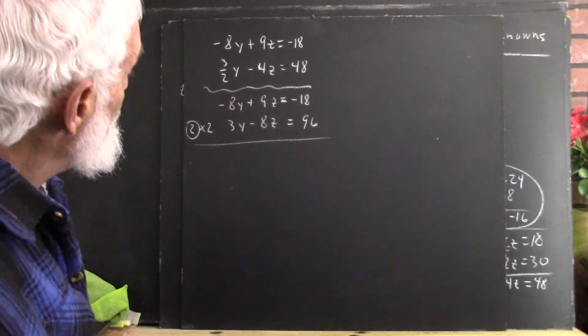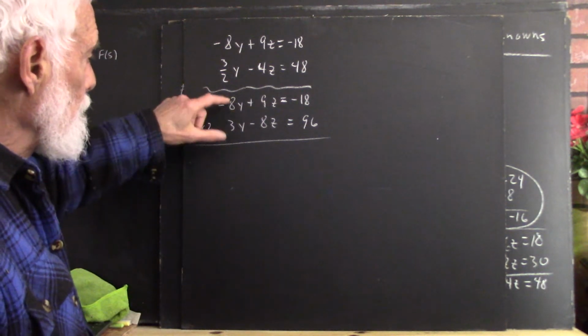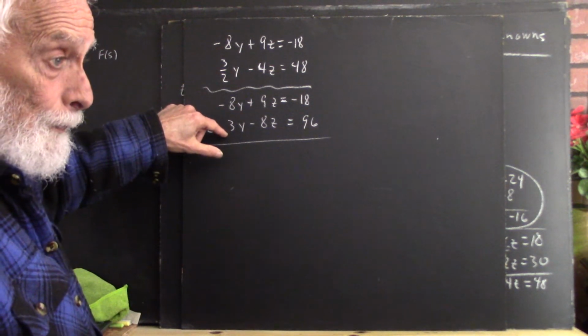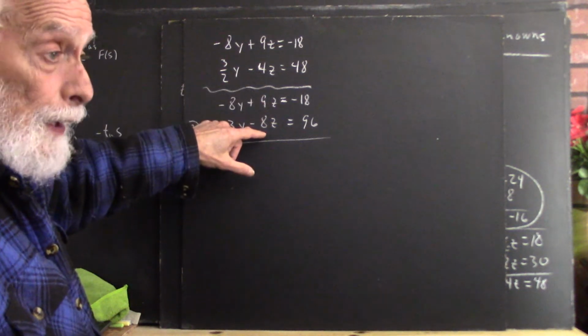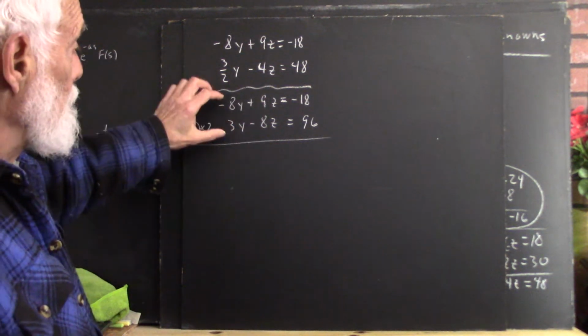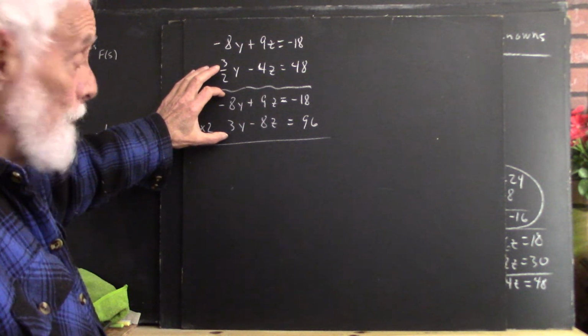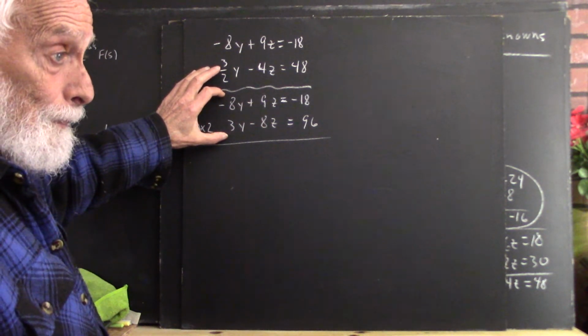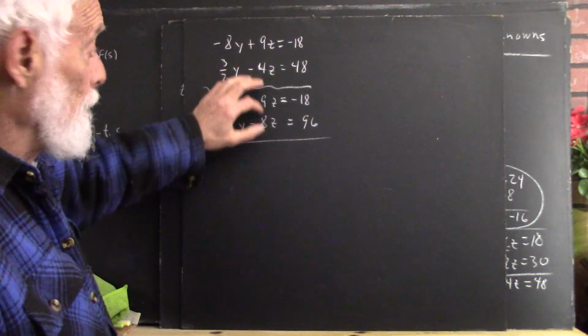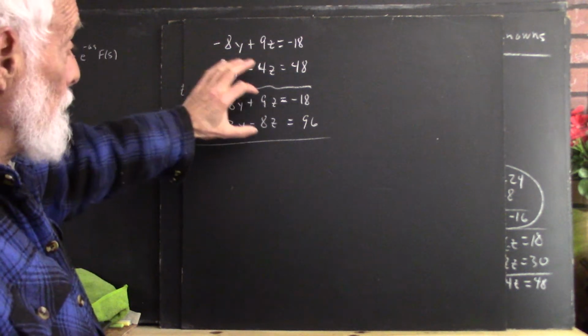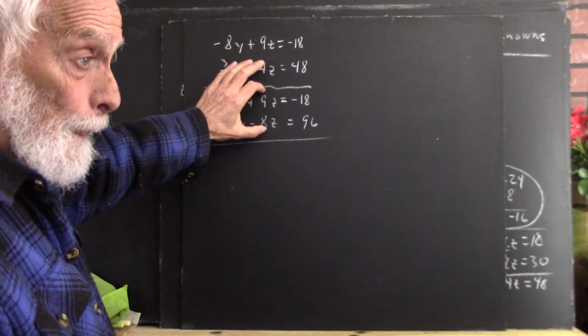Either way, I don't have any common factors between negative 8 and the 3, or between the 9 and the negative 8. So I'm going to choose to pick on y, because the numbers are smaller. 8 and the 3, smaller than the 9 and the 8.